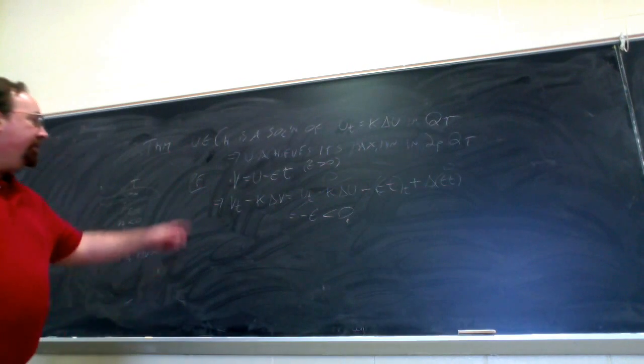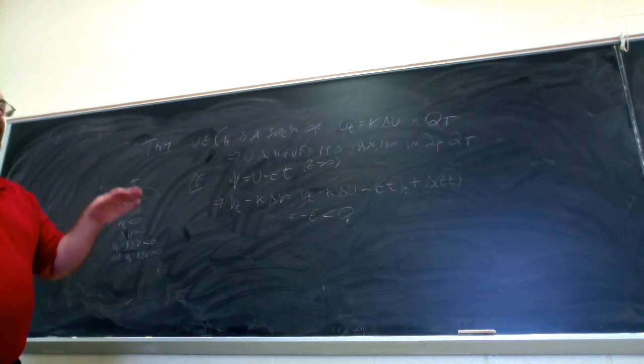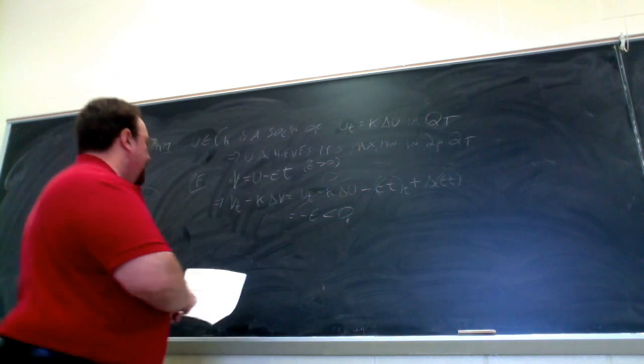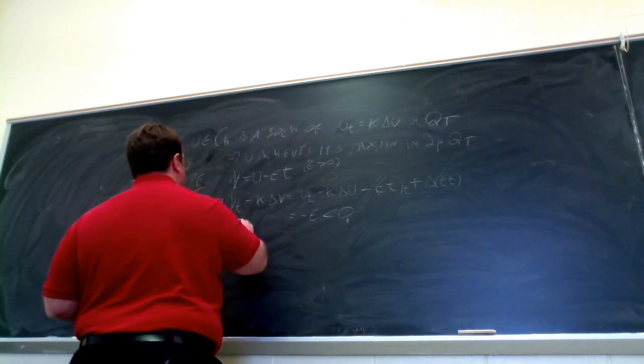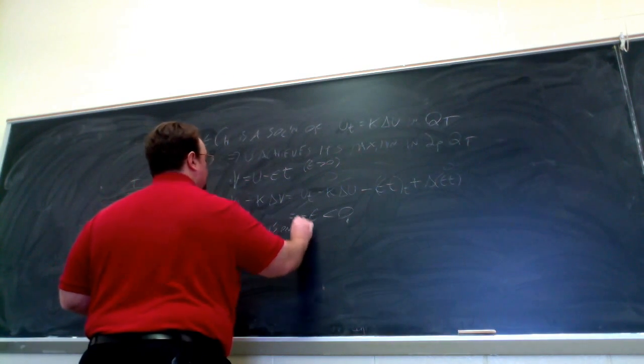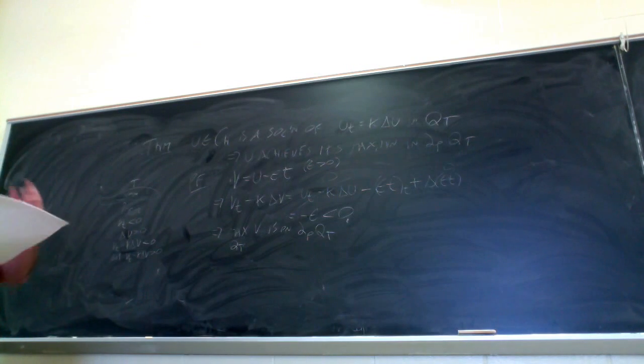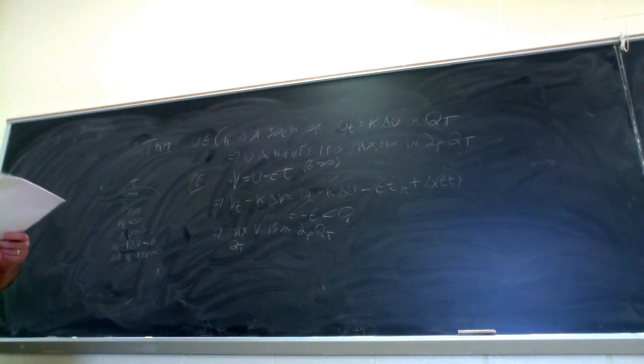So v_t minus k Laplacian v is negative, therefore the proposition applies to v. That means the maximum of v on Q_T is on the parabolic boundary by the proposition.